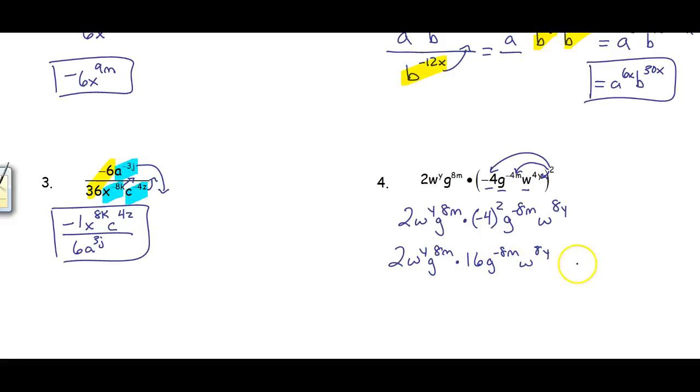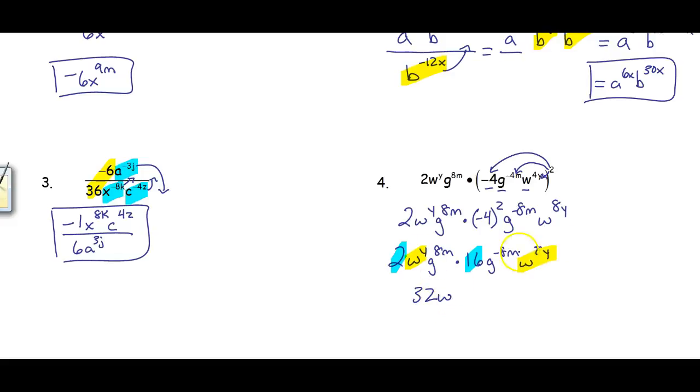Now before we move any numbers from the numerator to the denominator, let's combine and see if we can add our exponents first. So 2 times 16 is 32. You have w bases, so you can combine those.